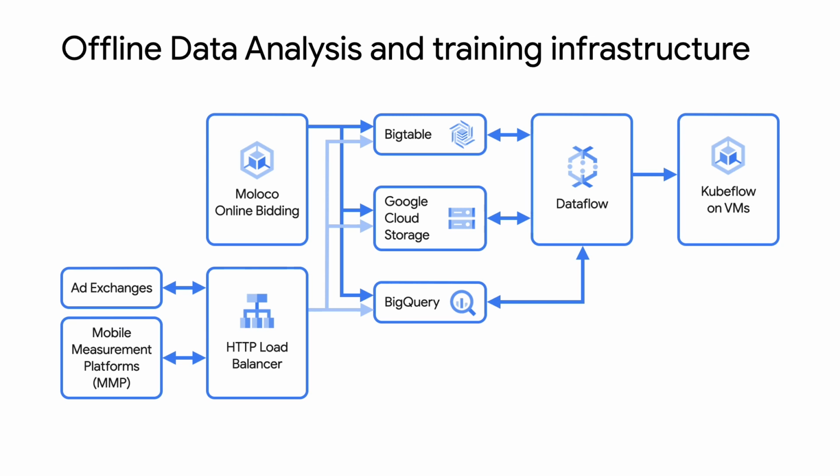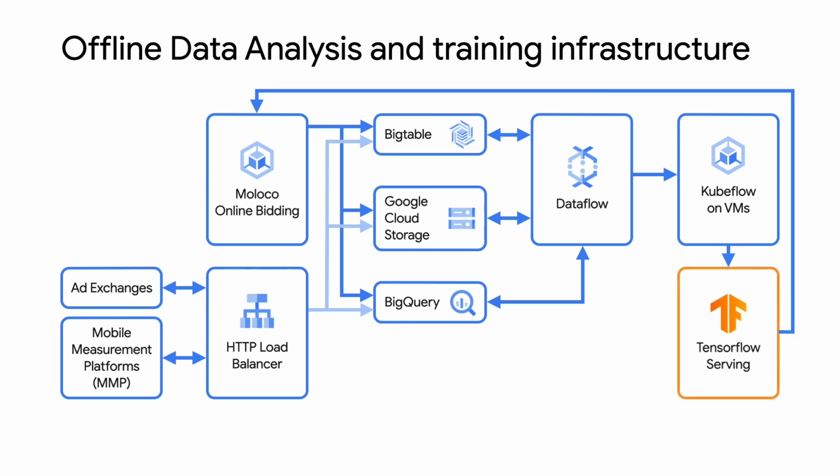When we finish training our models, some models are trained hourly, some daily, some a little less frequently. Whenever we finish our models properly, we load them onto our custom TensorFlow serving infrastructure, which is integrated into our online bidding infrastructure, which I already explained. So that's one data flow part.